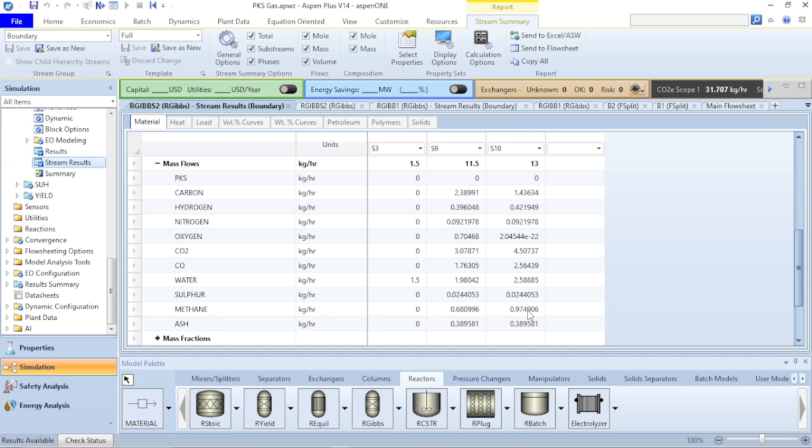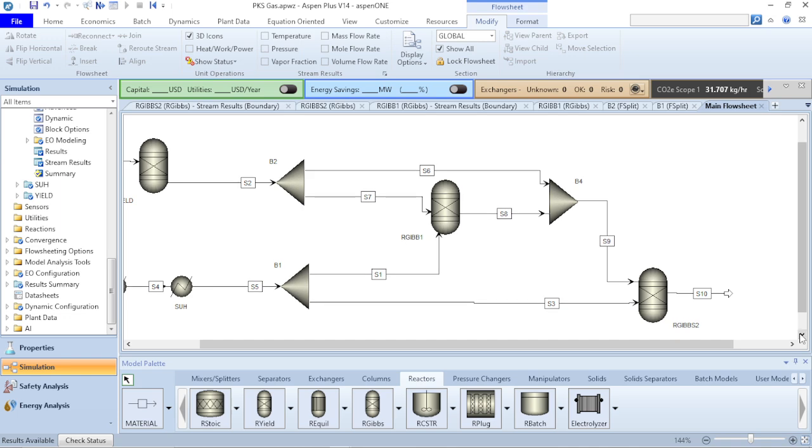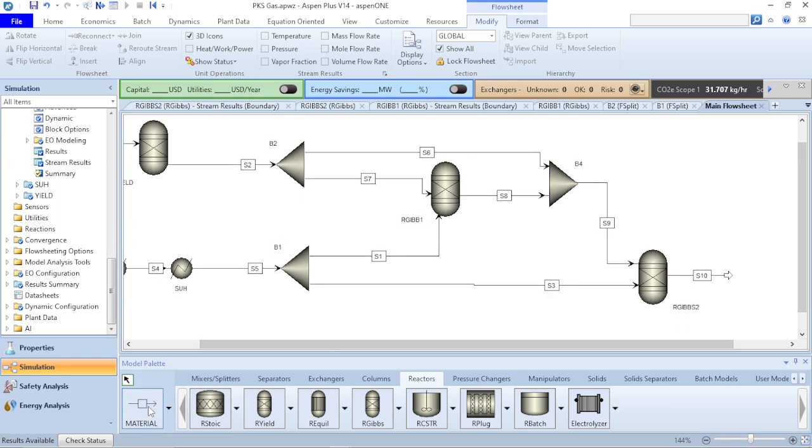At this point, we need to separate this ash from this stream so that we can cool it further. So let's add the second product stream to this. Let's run it.